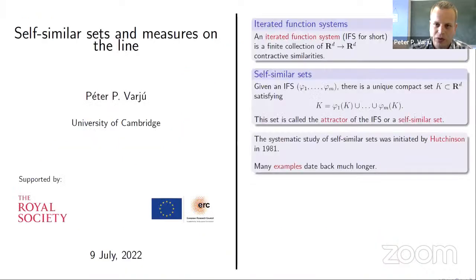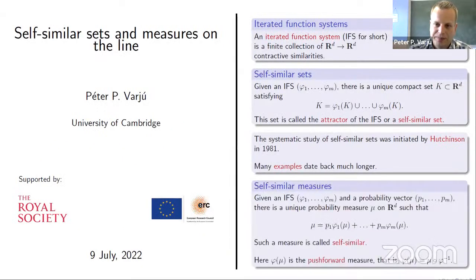Okay, so these are self-similar sets, and we can also put a measure on these sets to have more structure. So to do this, in addition to having the IFS, we also need a probability vector, p_1 up to p_m.